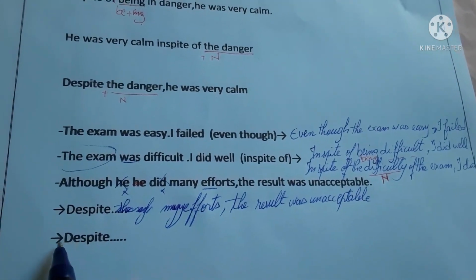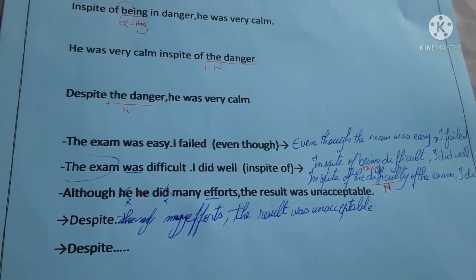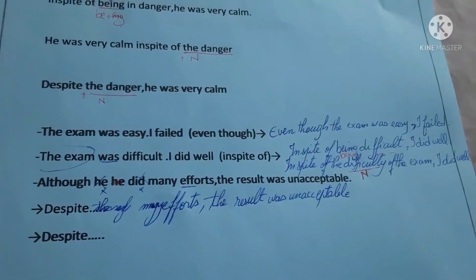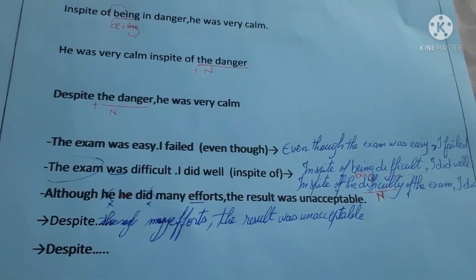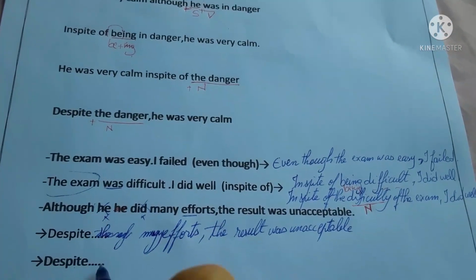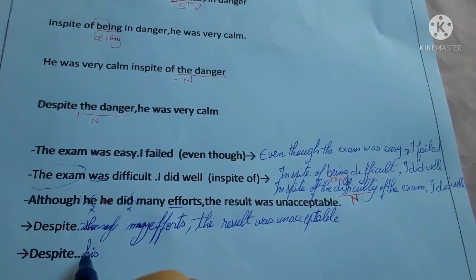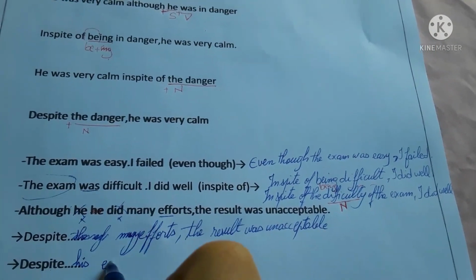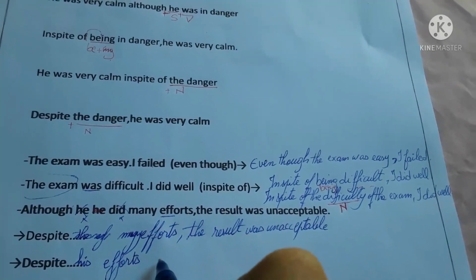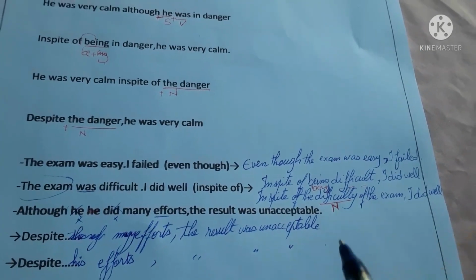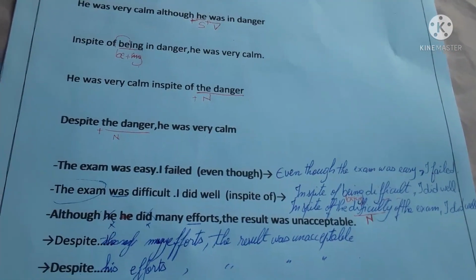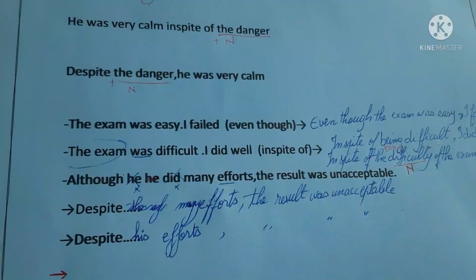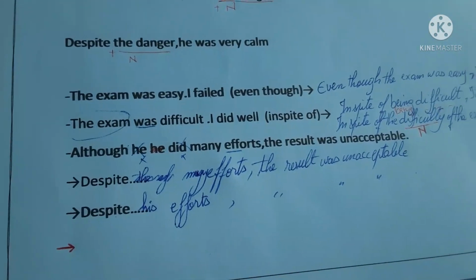There is another way, despite. Same one, but in another way. We can say, despite, you have he becomes his. It becomes despite his efforts. Then we complete the same sentence. المهم هنا despite موراها ما يكونش subject plus verb, a noun phrase. We have also another way to write despite.